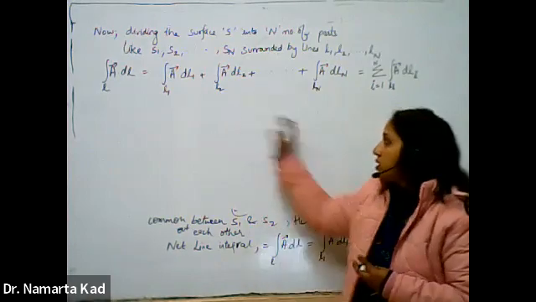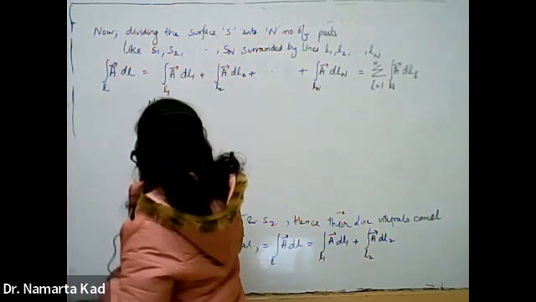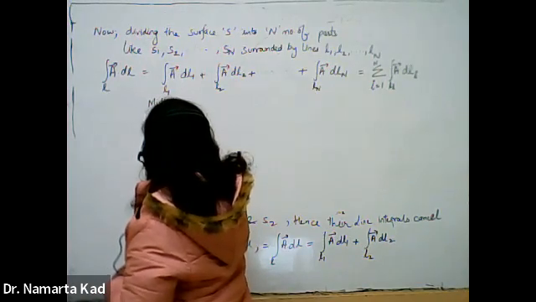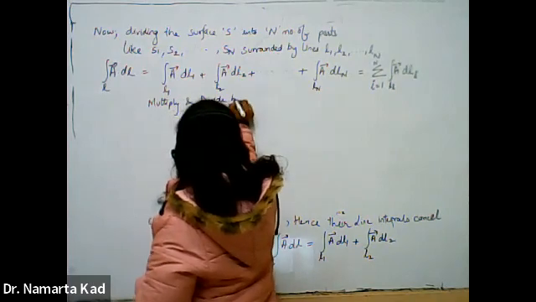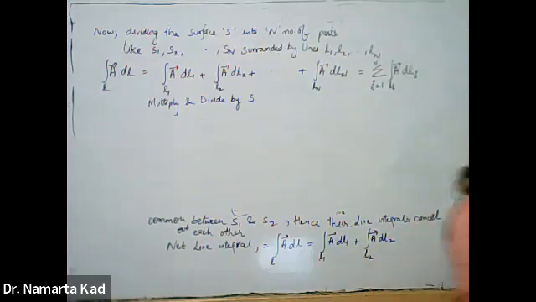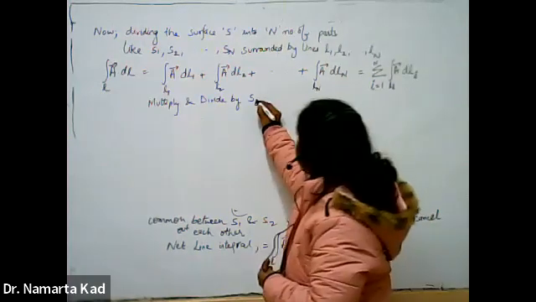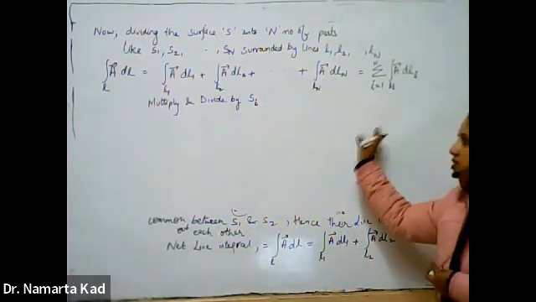So in the next step, multiply and divide by the surface Si, because here we are going to convert this into the summation form.